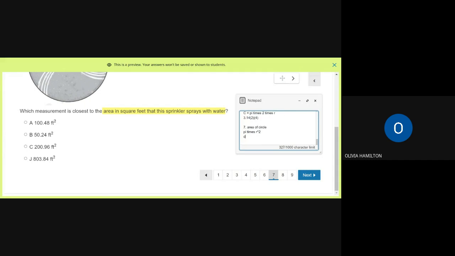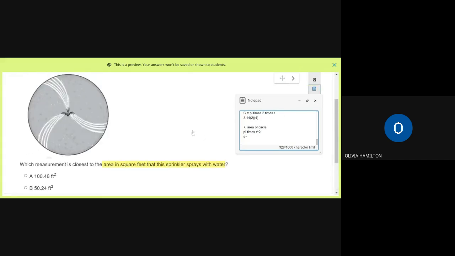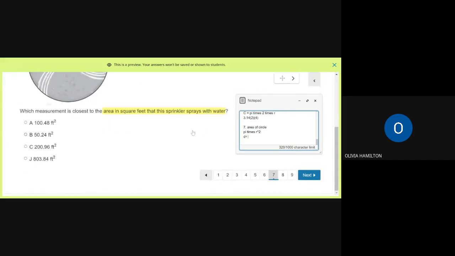Problem is we were given diameter, 16 feet. That means we need to divide that by 2 to get the r. Once you have your r, it's 3.14 times r to the power of 2. And I'll let you figure out what r is, and then of course solve the rest of the problem.